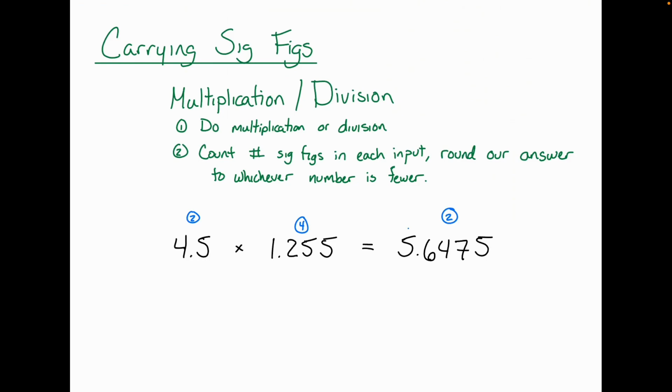This 5 is a sig fig, so I'm going to round to this position here, the tenths place. So my final answer, rounded to the correct number of sig figs, is 5.6.